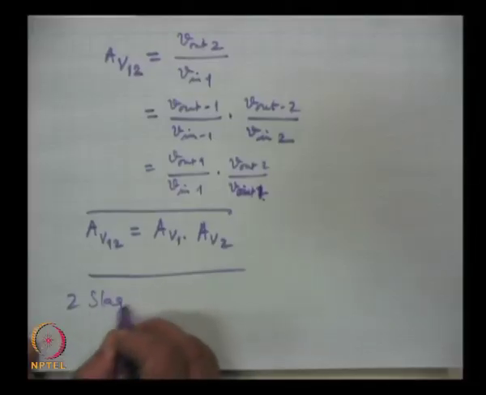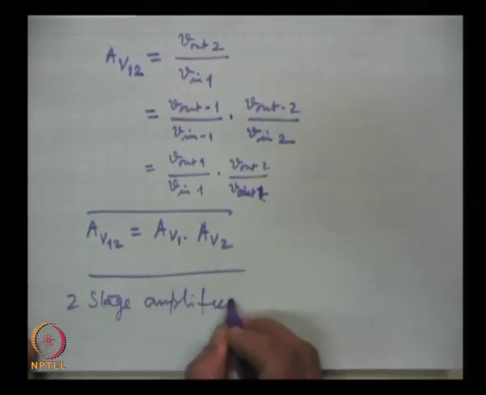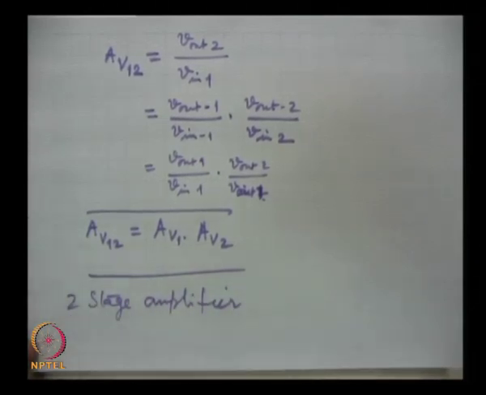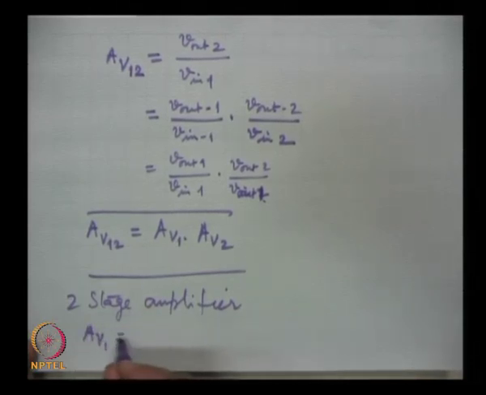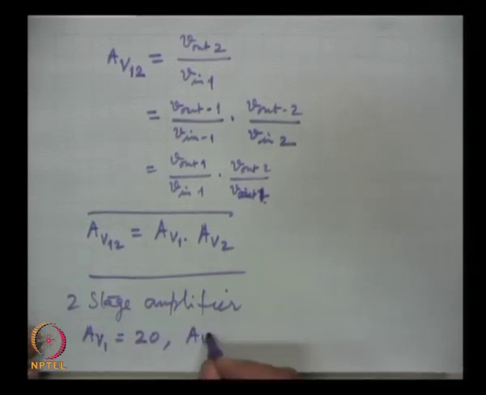Let us take an example of a two stage amplifier. Let A V 1 be equal to 20 and A V 2 be equal to 30.